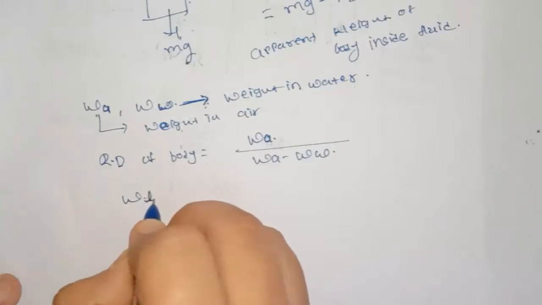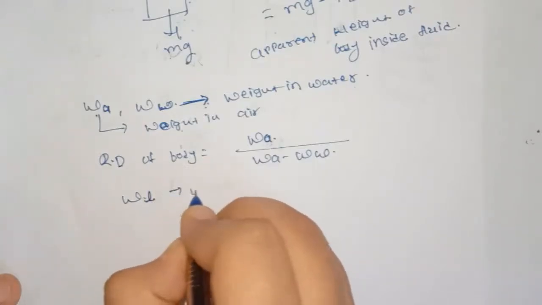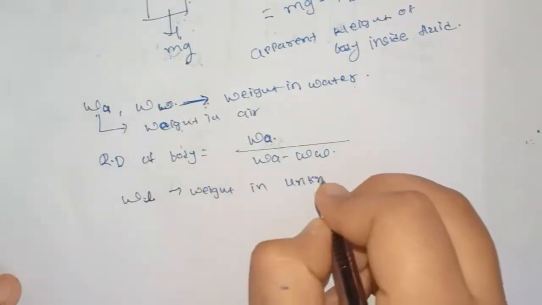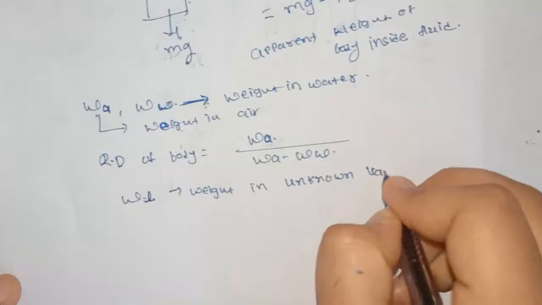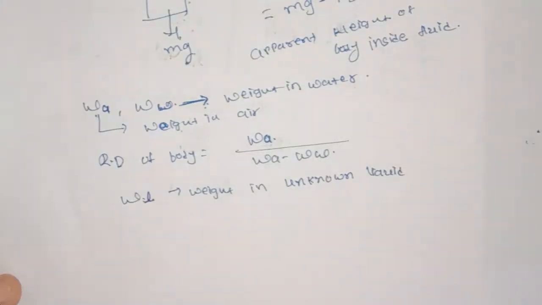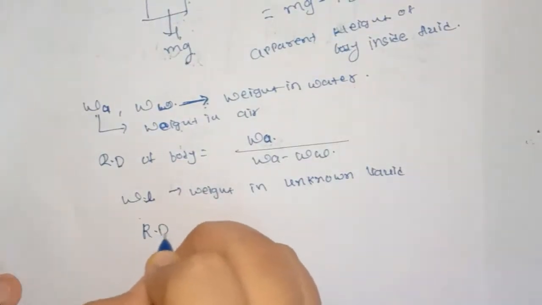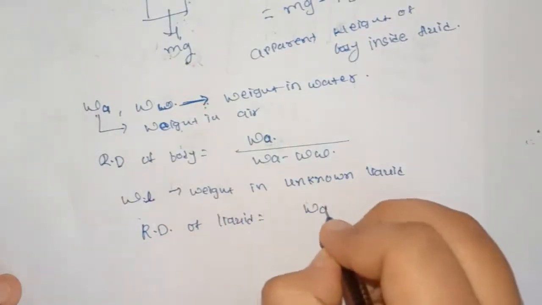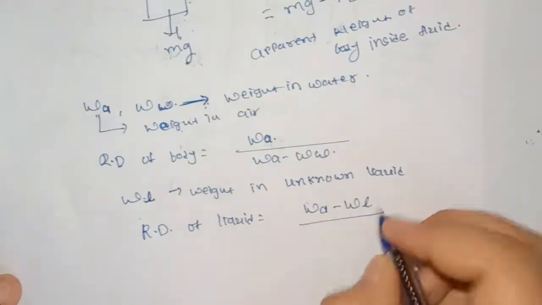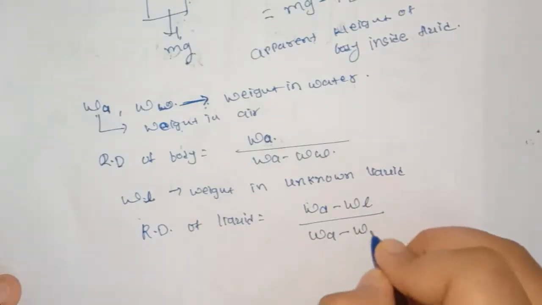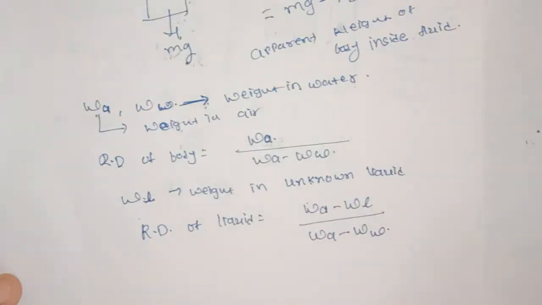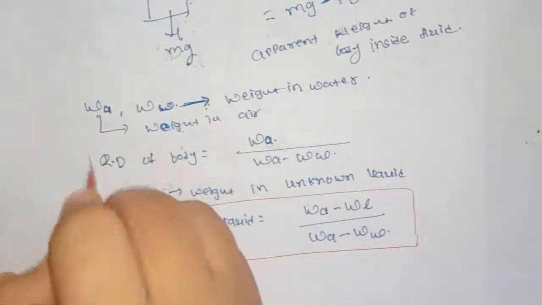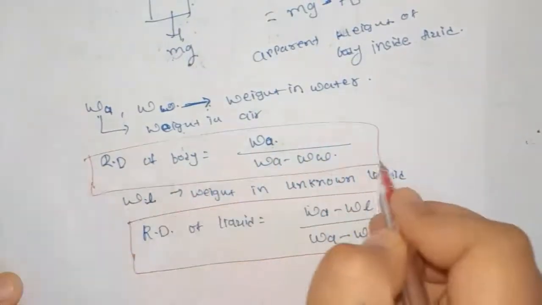If WL is the weight in an unknown liquid, then the relative density of that liquid is equal to weight in air minus weight in liquid divided by weight in air minus weight in water. These are very frequently used formulas for numerical purposes.